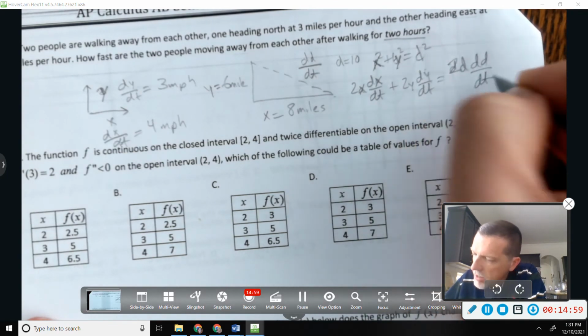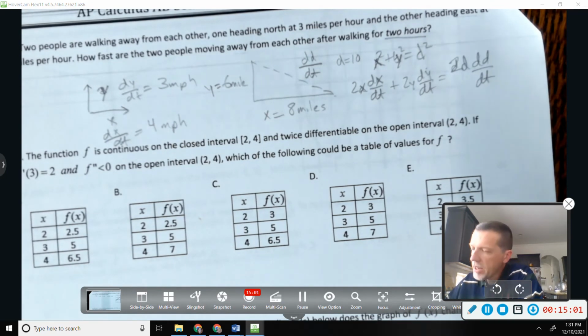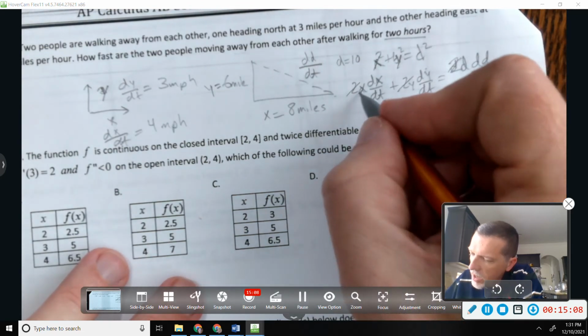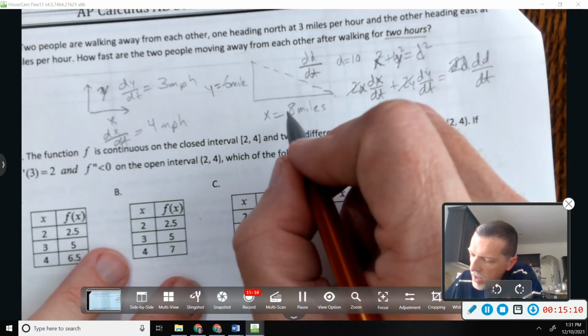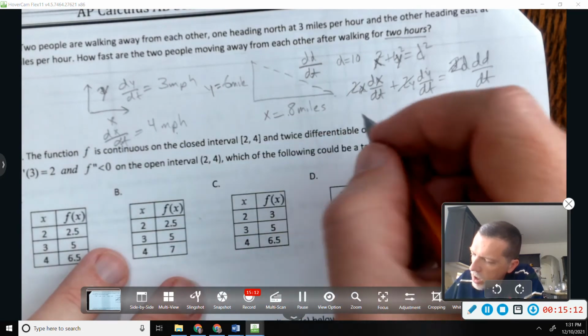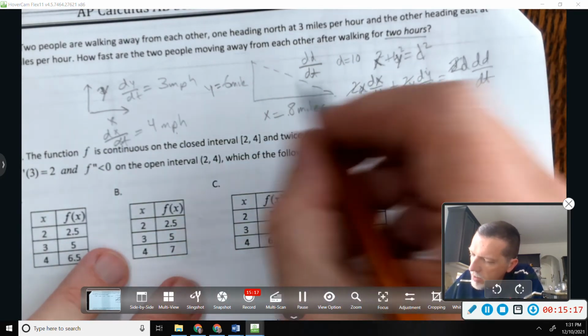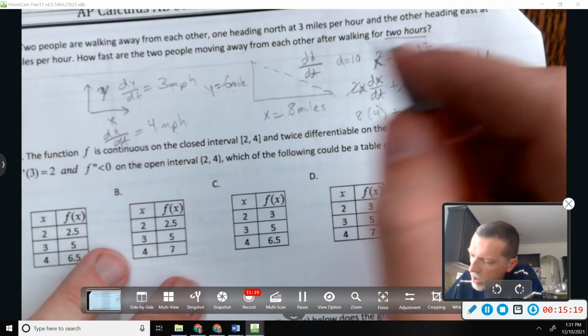There's a lot of d's in that one. I could divide all the 2's out, make life a little easier. So x dx/dt is 8 times 4. Y times dy/dt is 6 times 3.